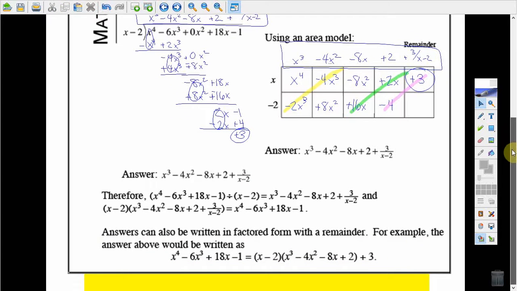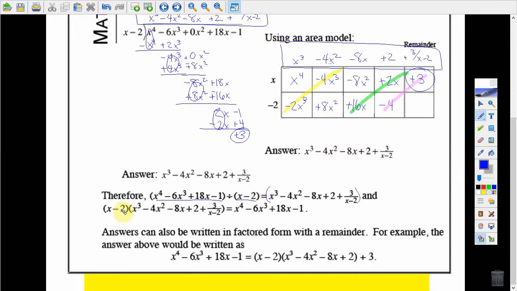So what does that mean? It means that if we divided this original fourth degree polynomial by our first degree polynomial there, then we get this as a result, and this whole thing could be viewed as a factor.